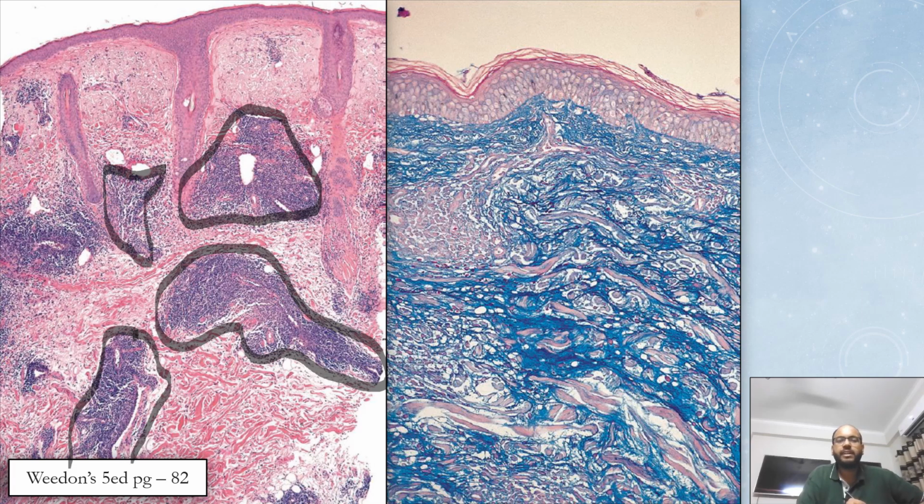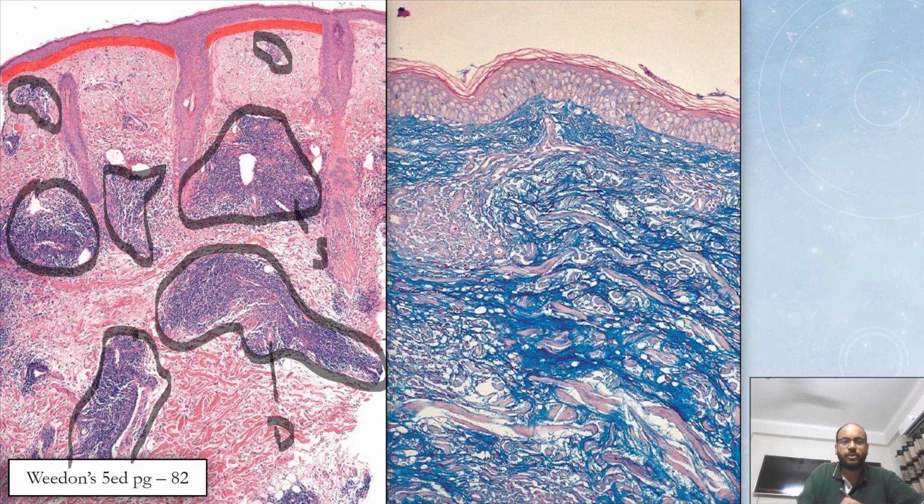But you can appreciate that the basal layer vacuolization is not that much present. This is dense dermal superficial perivascular infiltrate. This is deep perivascular, this is superficial perivascular, but the infiltrate at the level of dermoepidermal junction is not that pronounced. It is still present. Look at this. It is still present. Okay. In fact, in this low magnification, you can appreciate the basement membrane thickening.